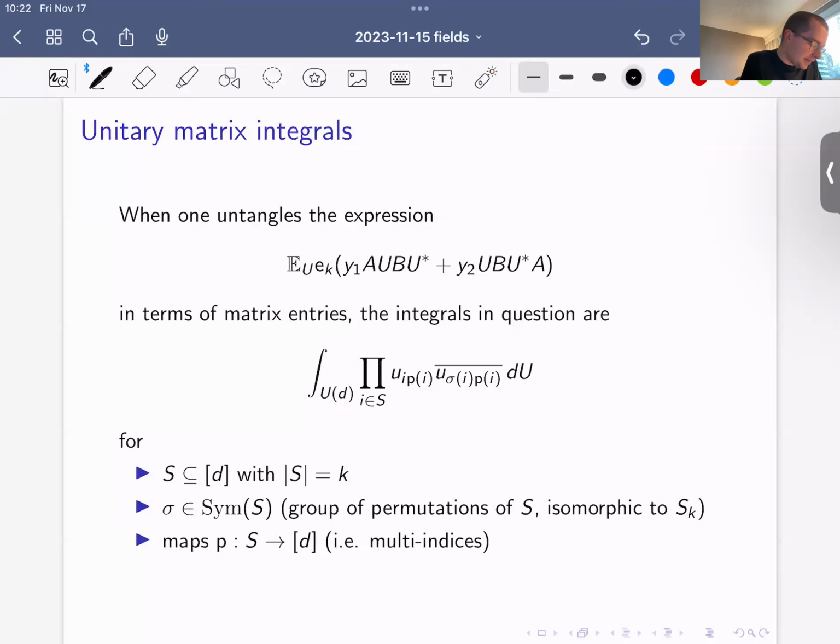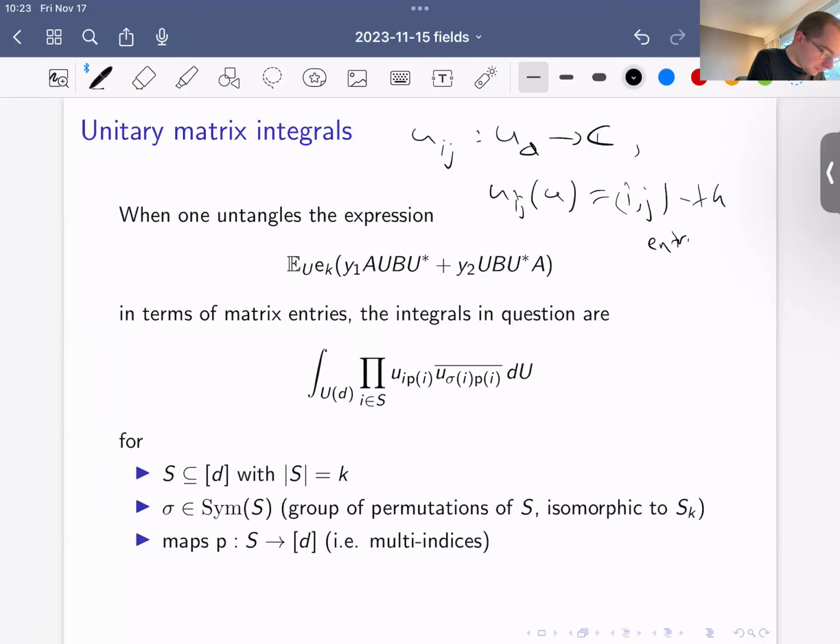So Uij, this is a function from UD to the complex numbers, which picks out the ijth entry, right? So we're basically integrating products of these and their conjugates.